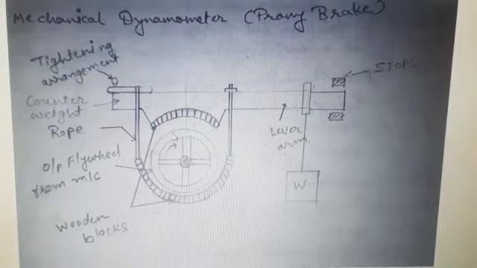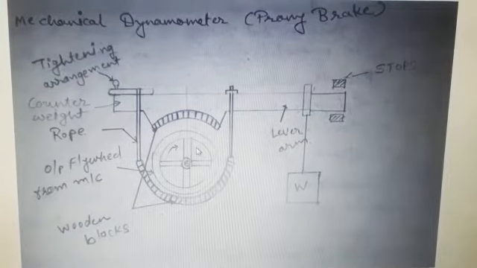N means the RPM. So we can easily find the value of power.